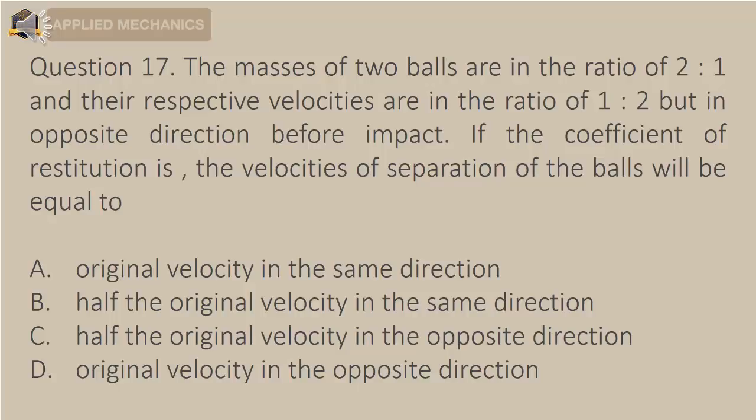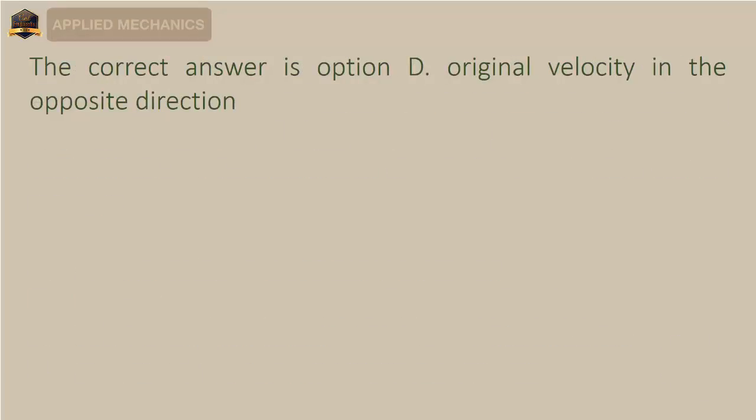B. Half the original velocity in the same direction. C. Half the original velocity in the opposite direction. D. Original velocity in the opposite direction. The correct answer is option D, original velocity in the opposite direction.